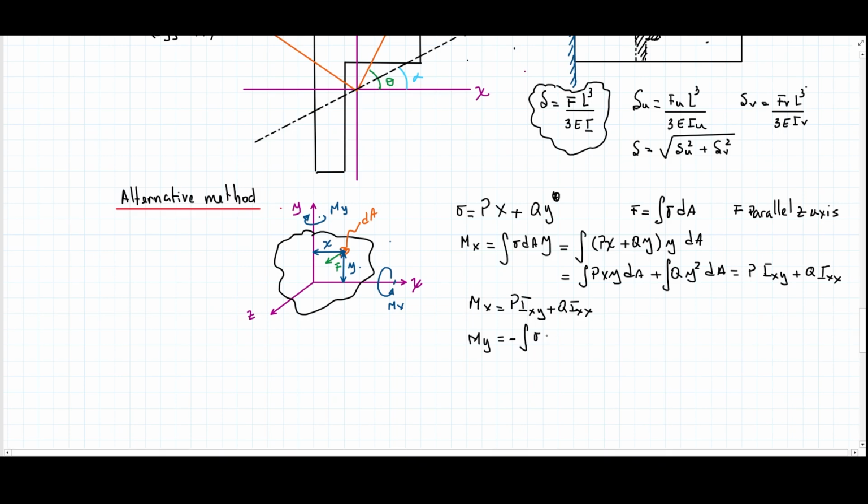It's a negative force, dA times x, and again I can transform that using the definition we've given before. And this transforms finally into minus p. When you get rid of those parentheses and transform those known quantities from integrals to second moments of area, you're going to have something like this.